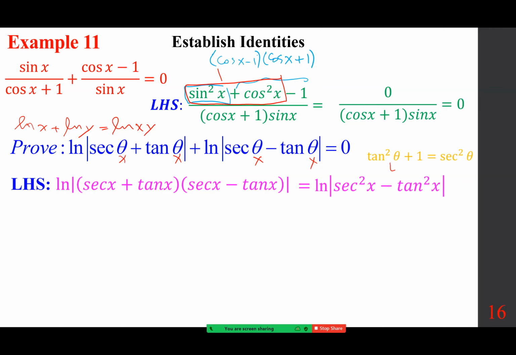And that means if I move this to the other side, secant squared minus tan squared is 1. The answer is ln 1. And we should know ln 1 is 0. The answer is ln 1. And ln 1 is equal to 0.